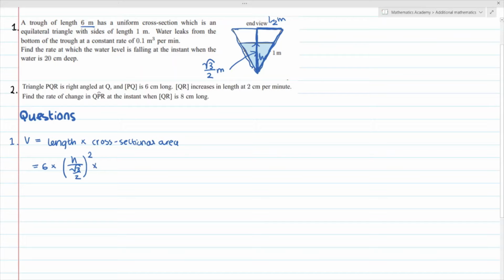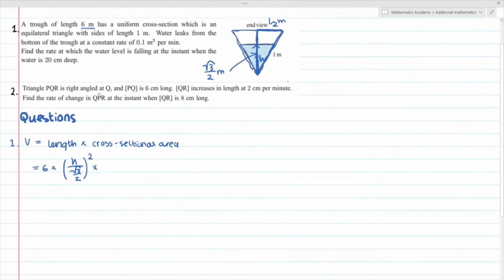The area of the original triangle, you can use several things, but we can just see that the height, as we said, is square root of 3 over 2, and the base length is 1, and if you multiply that by 1/2, you get the area of the original triangle, and that's square root of 3 over 4. And so we multiply by square root of 3 over 4.